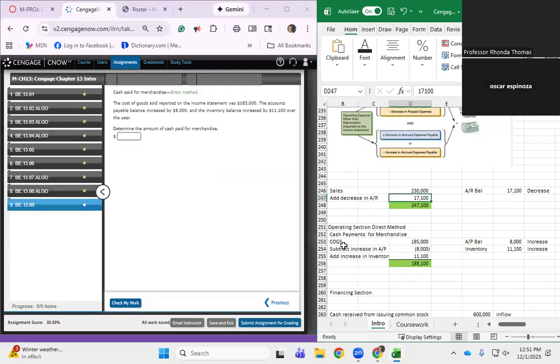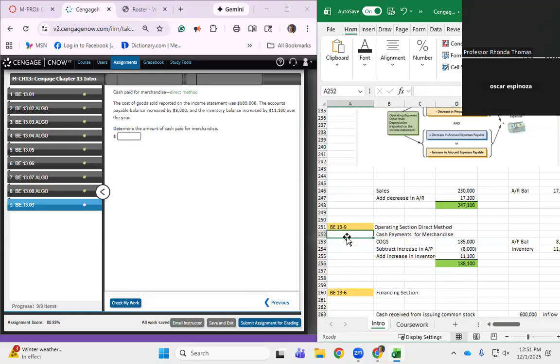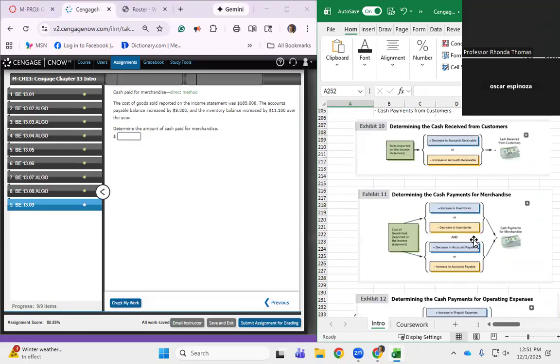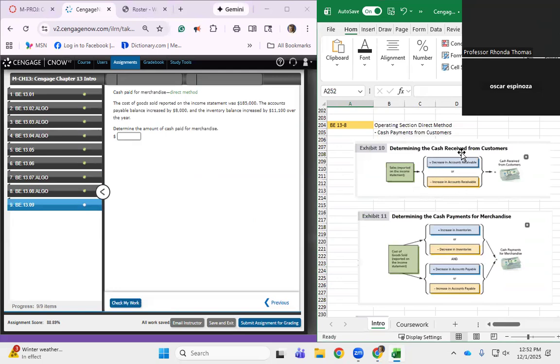This last one is the operating section, and it is the direct method. I put the direct method in here. Here's cash received from customers. Then you take the cost of goods sold. So we started with sales and subtracted the increase in accounts receivable, and we got the cash received from customers.